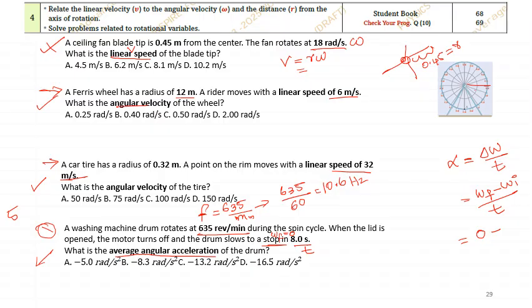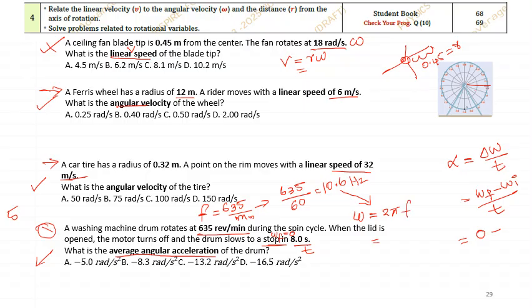But did they give omega initial? They have not given omega initial directly, but they have given frequency. If they have given frequency, how do you calculate omega? Omega and frequency are connected by 2 pi f. So f is given.